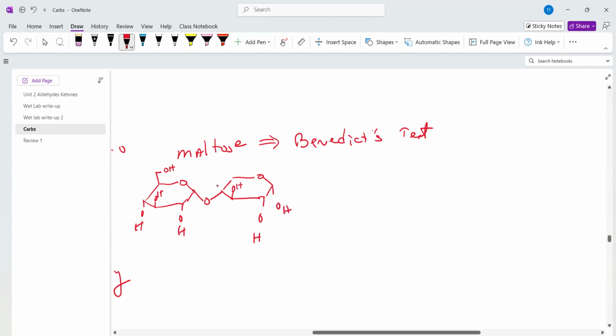Okay, so this is going to be alpha maltose. And the reason why it's alpha is because this is going down. That's a hemiacetal. We've already established that.